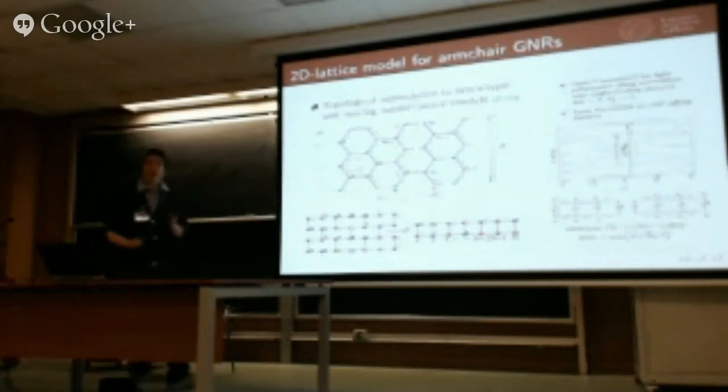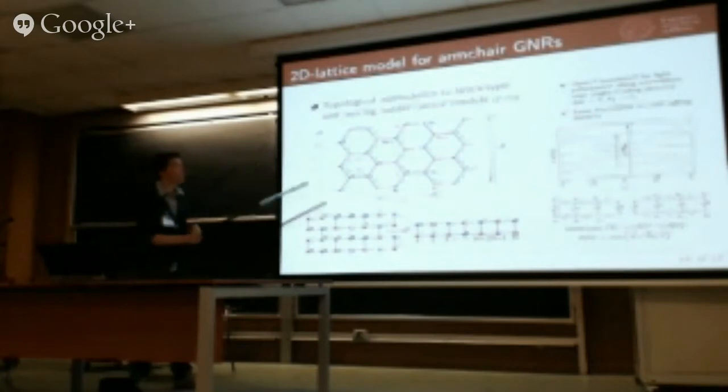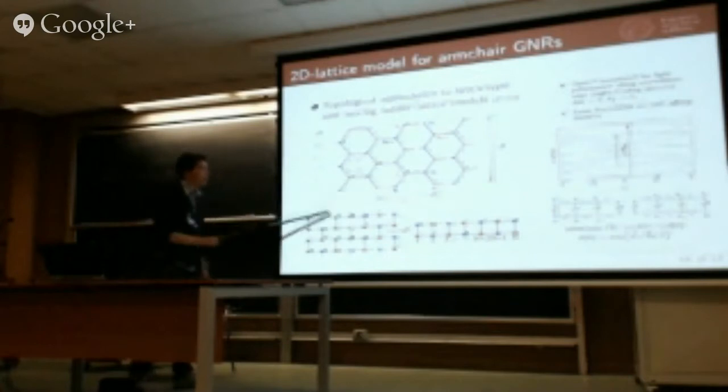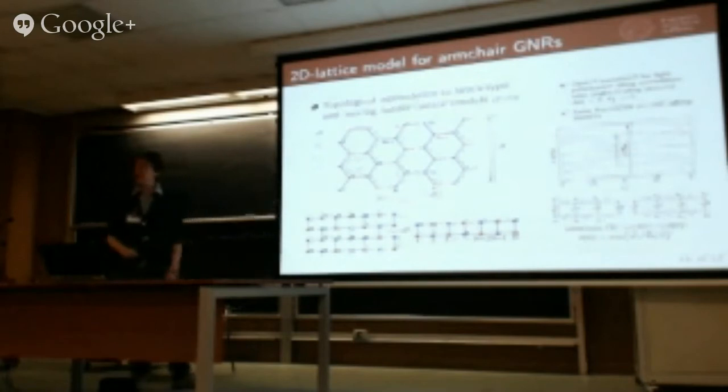Since we know that the tight binding method was defined for nearest neighbor hopping interaction, it's actually a term which describes the connectivity of the ribbon lattice. So we can perform a topological transformation from this ribbon lattice model to a brick type lattice model, where I completely neglected the hexagonal symmetry of the system.